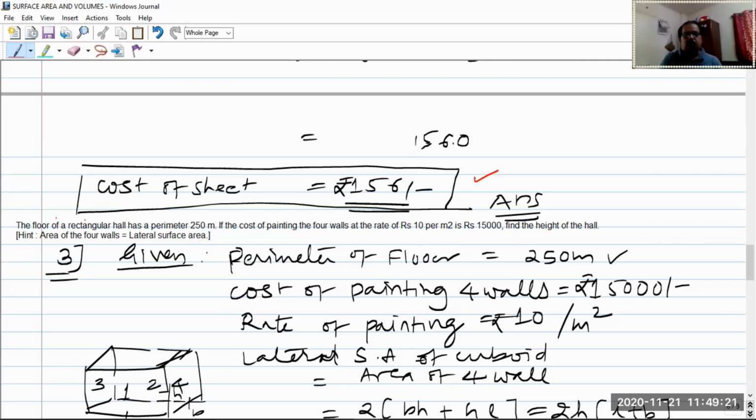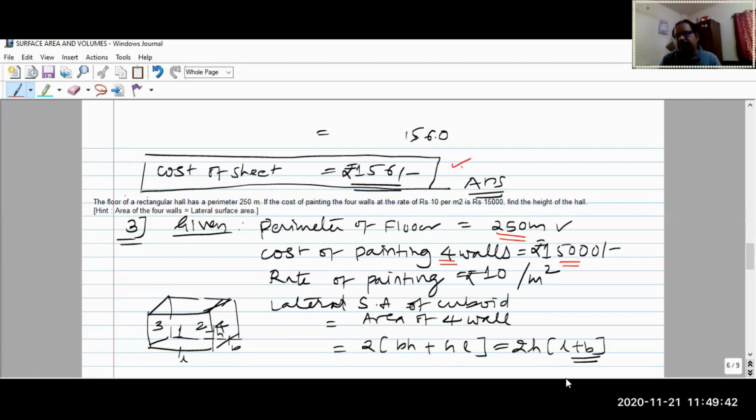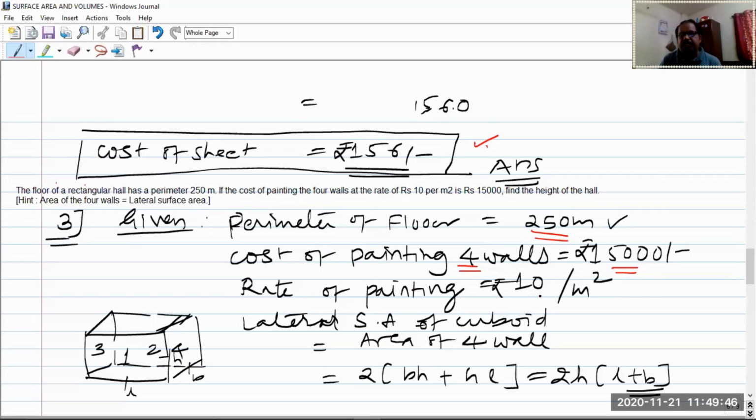What is given, you can note: the perimeter of the floor is 250 meters, and the cost of painting for the four walls is rupees 15,000. The rate of painting given is rupees 10 per meter square, right?